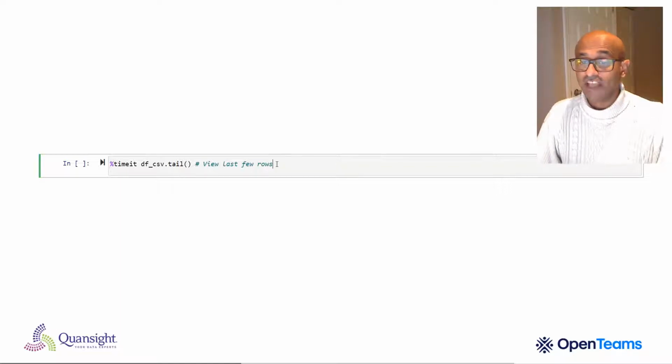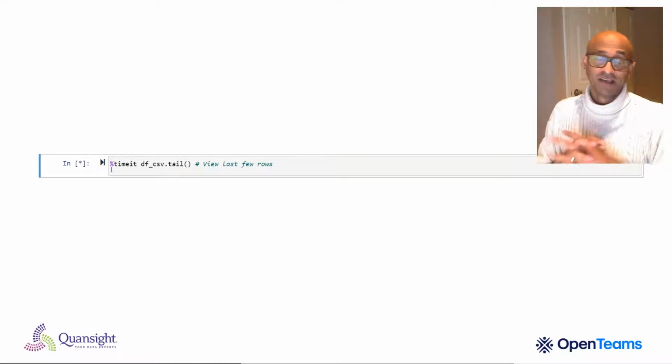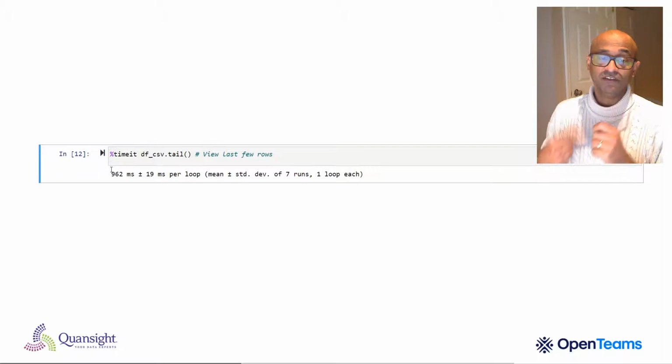So if I call the tail method associated with the Dask data frame df_csv, an actual computation is triggered. So I'll use here the %timeit magic from IPython that will repeatedly do this computation.